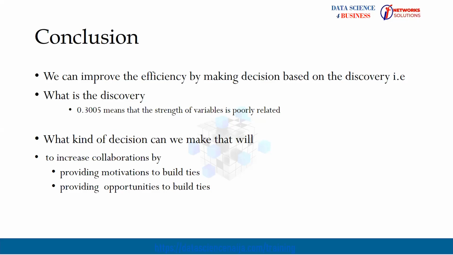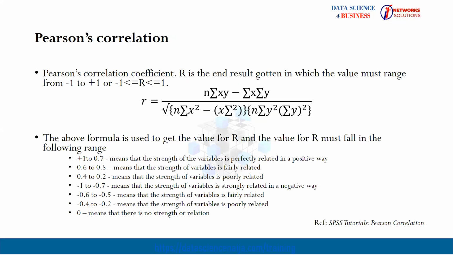But if, for example, what we got was something like 0.9, okay? So it falls in this range. This means that the strength of the variable is perfectly correlated in a positive way. So that means that the correlation between the size we investigated and the performance is positive, there's a high correlation there.